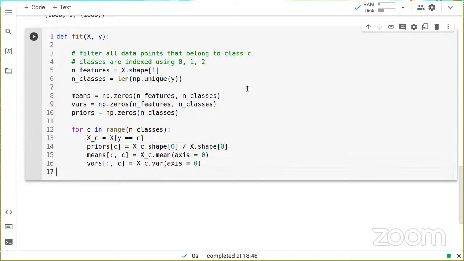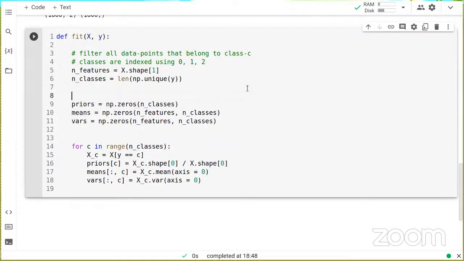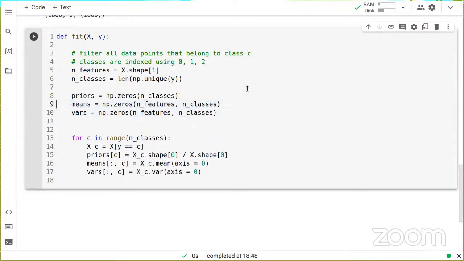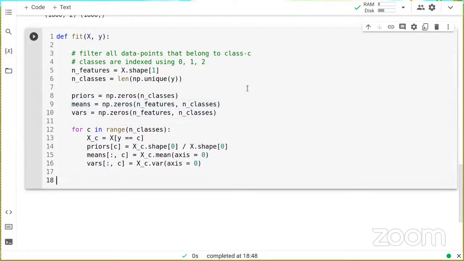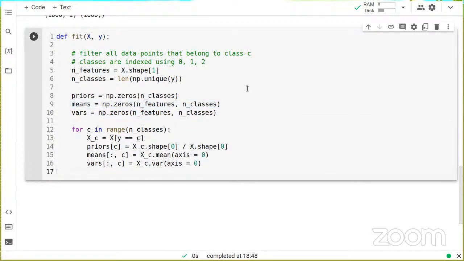So that is priors of C, means, variances, right? Let us move the priors here and say that this is where you're estimating the priors, and this is for the class conditional densities. Just to be clear, xc dot shape of 0 is the instances where y is equal to C, divided by x dot shape of 0, but really it's y dot shape of 0.